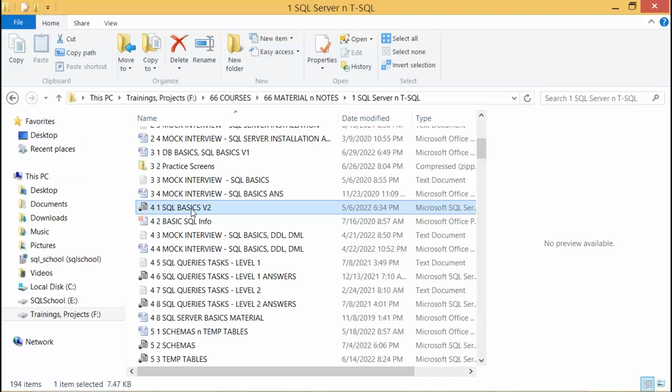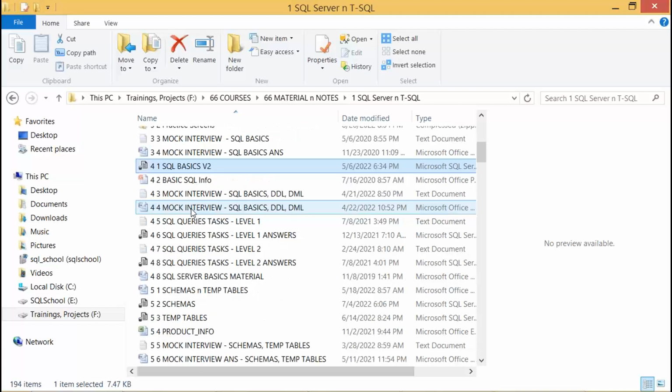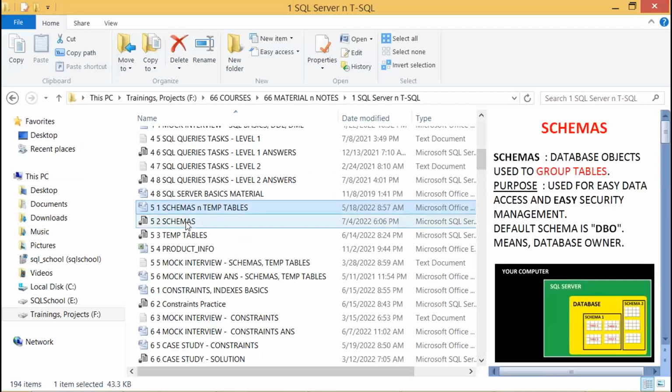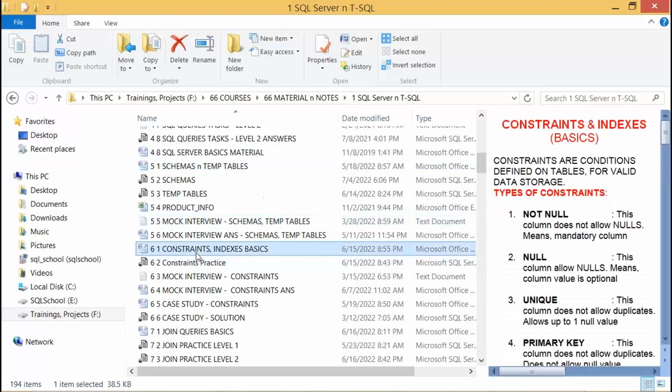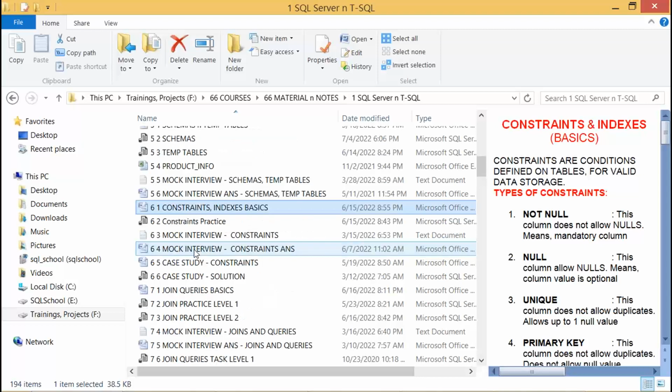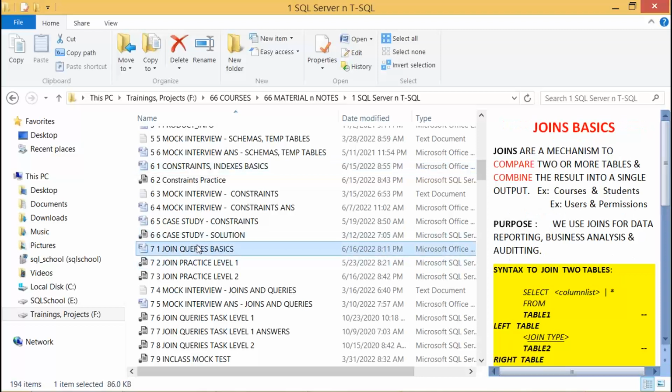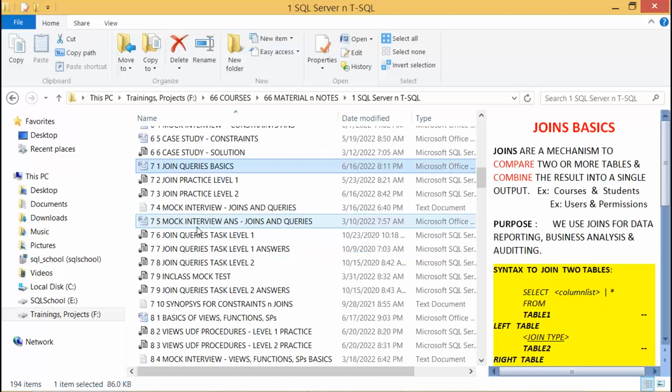Then we slowly step into Transact-SQL concepts like schemas, temp tables, constraints, relational database concepts, normal forms, indexes, relationships, dependencies, joins, join types, and join options for query optimization and query tuning, basic level to mid-level activities.